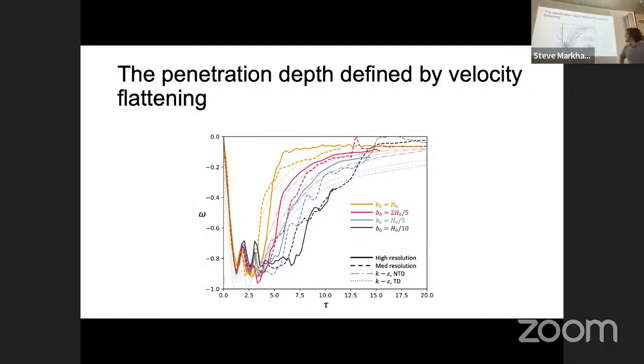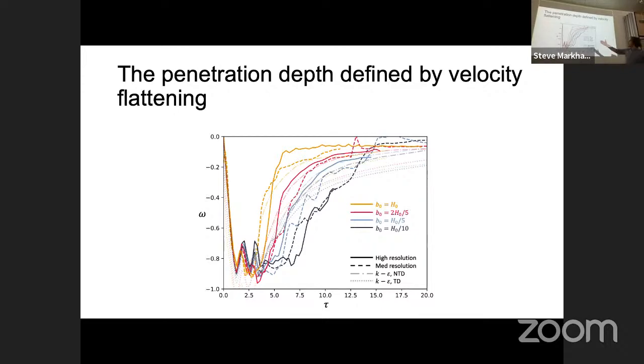Then the second thing to consider is just another way of defining the penetration depth, because it's a little bit arbitrary. It's just choosing some number to describe a complex simulation. And so we came up with an alternative thing to make sure we weren't biasing our results too much based on our specific choices.